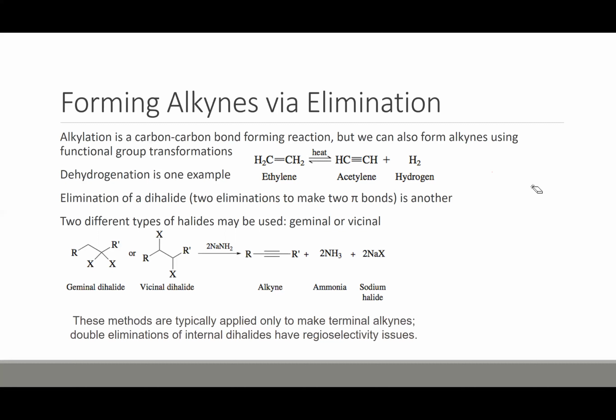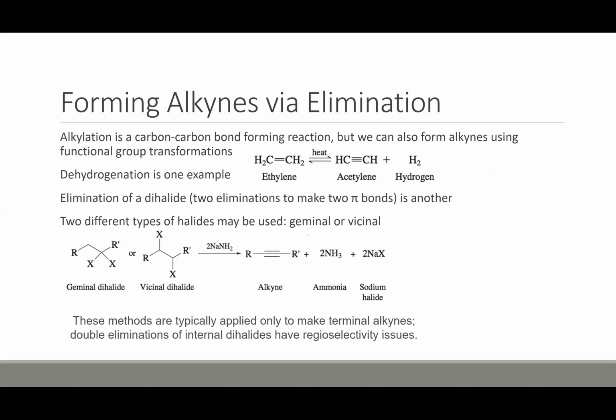Another form of elimination you can do to form a triple bond is through the elimination of a dihalide, two different eliminations of an HX group. So two different types of halide molecules can be used to make triple bonds.